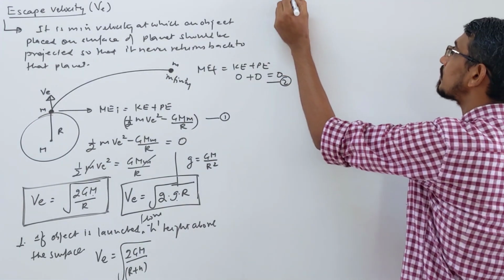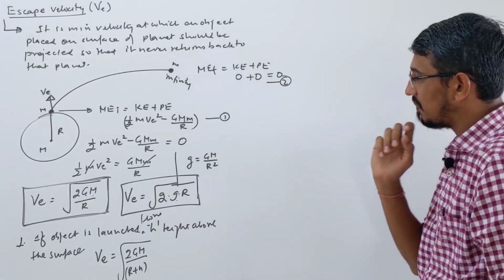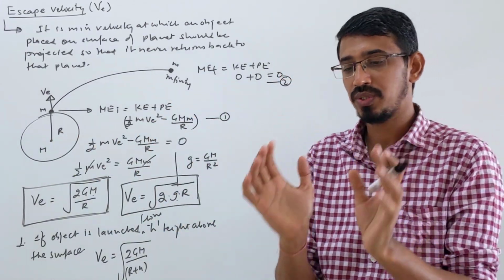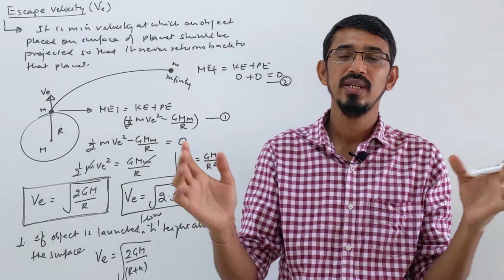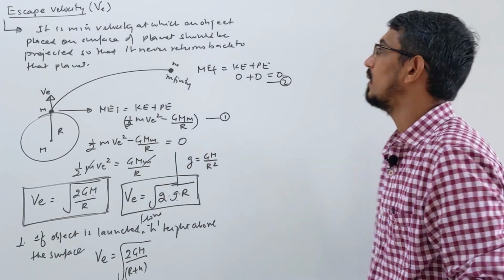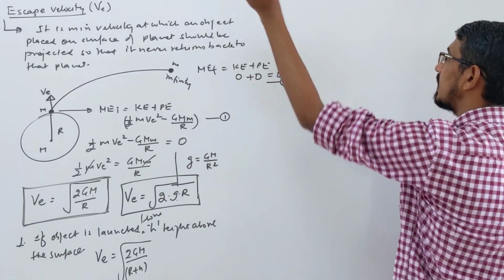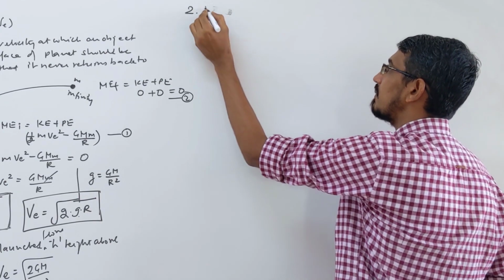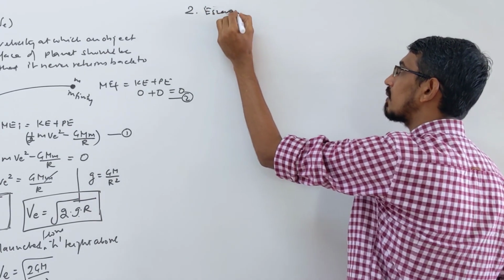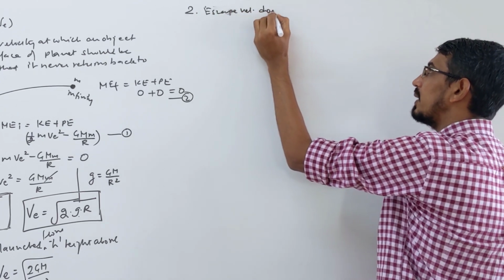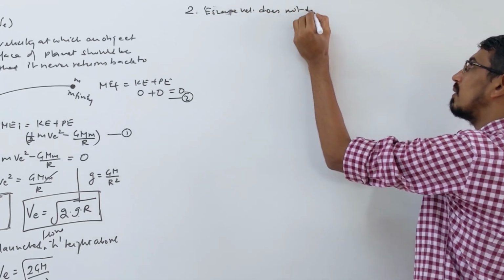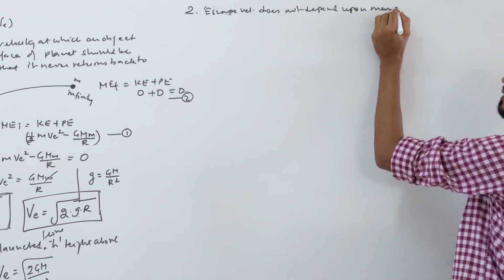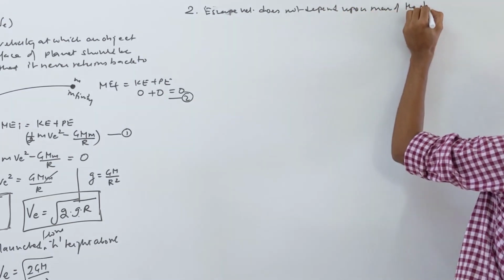Point 2, this escape velocity does not depend on the mass of that object which you are launching. You want to launch a 1 kg object or a 1000 kg object, escape velocity will be the same. So it's very important. This was asked in our exam also. Let me write, escape velocity does not depend upon mass of the object.